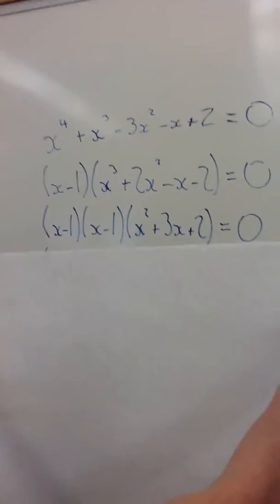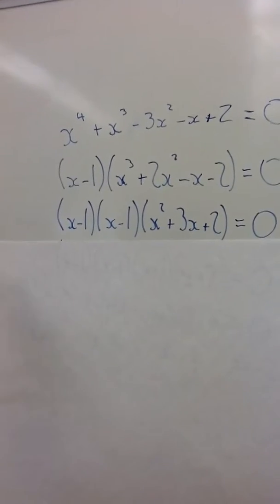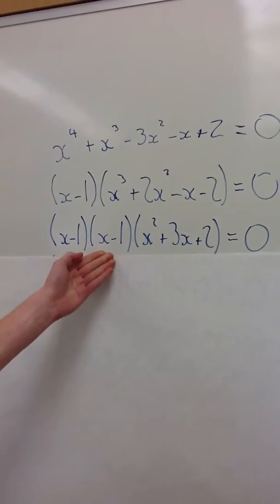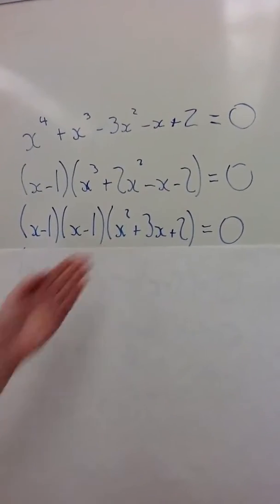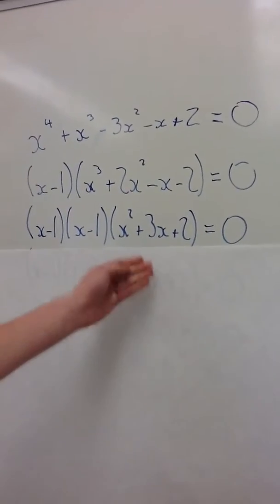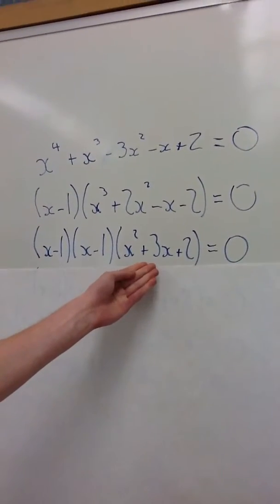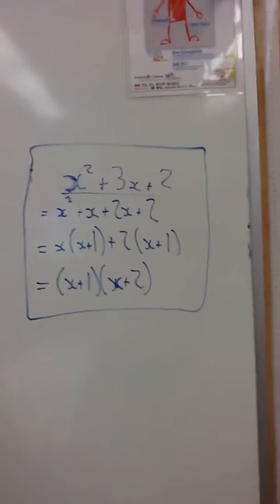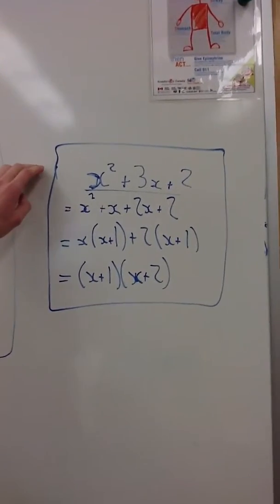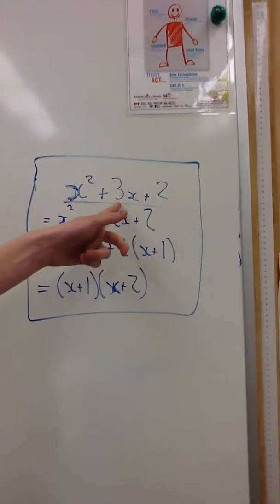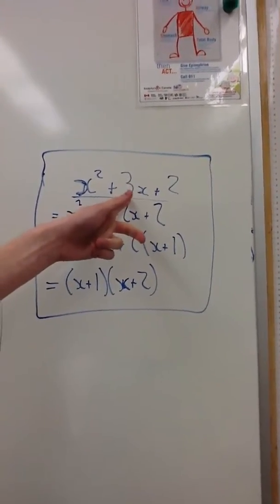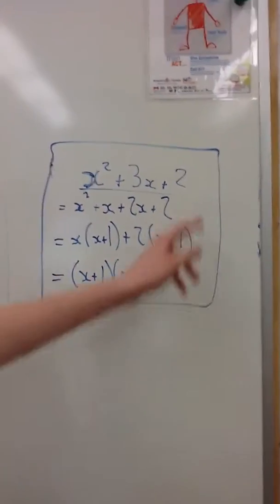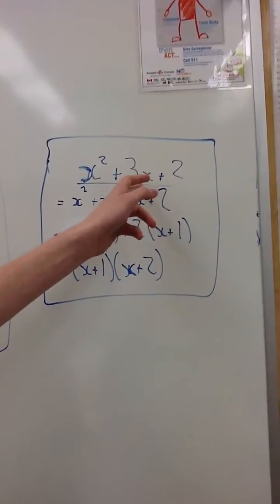So that brings us to our next line, where we factored out another x minus 1 and our new equation right here. So now we have to factor this equation, and since it's just a quadratic, we can do so using decomposition. So what we did here is we have to split this term into two values that multiply to 2 and add up to 3.